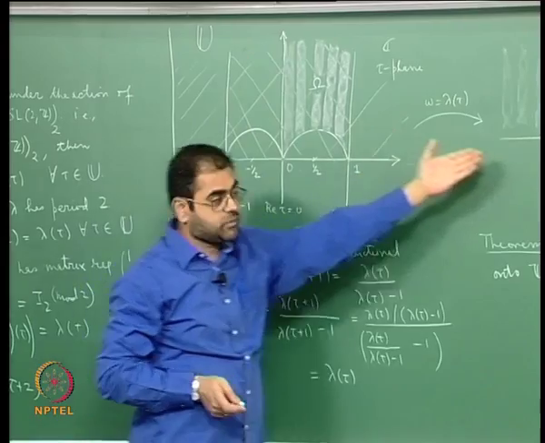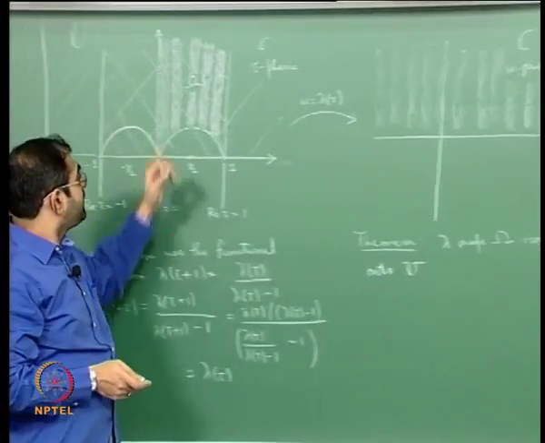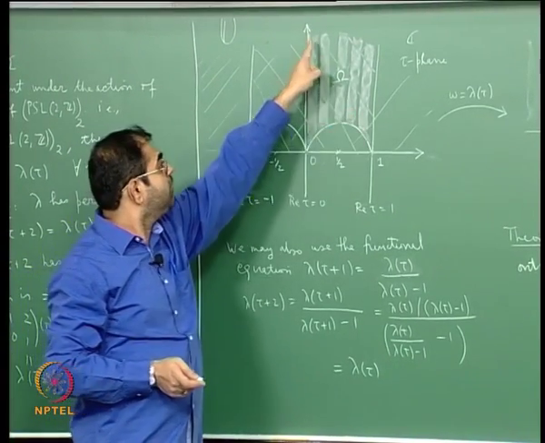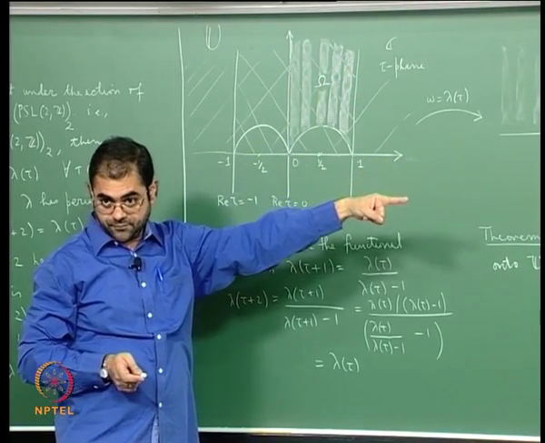The boundary has to go to the boundary, here the boundary is the real axis, okay. So lambda can be continuously extended to the boundary so that the boundary of omega goes to the real axis, okay.